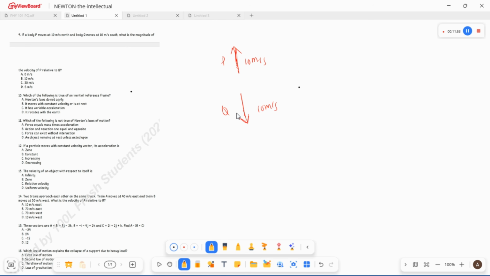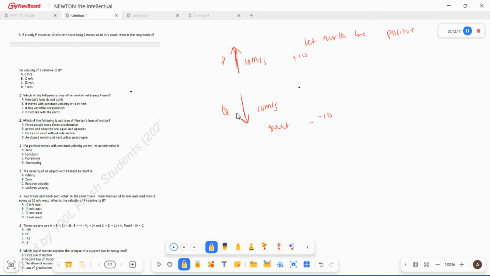Now, one thing you will do for this kind of question is that you first assign one direction to be positive. So you're going to say here, let north be positive. So if north is positive, the opposite of north, which is south, is going to be negative. So this is going to be plus 10 and this is going to be minus 10.